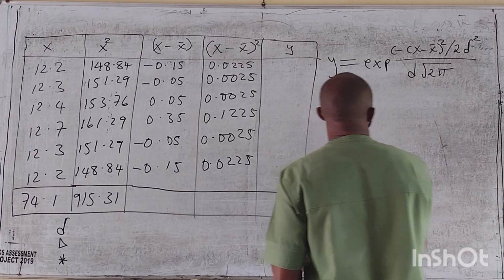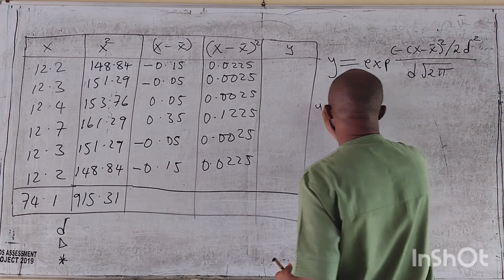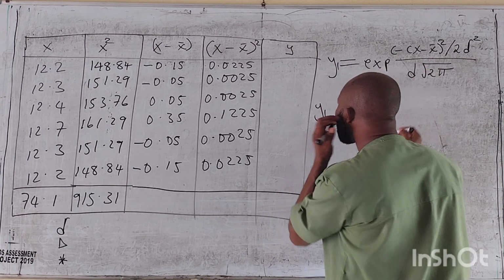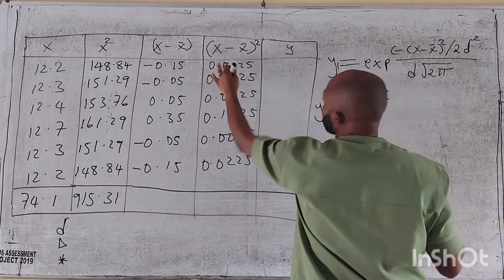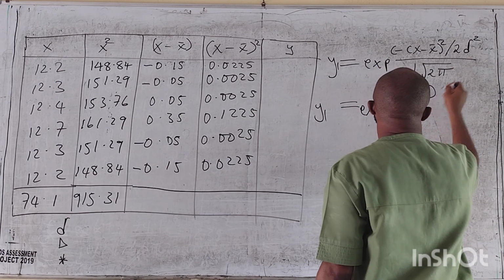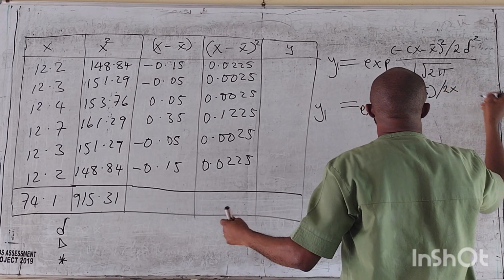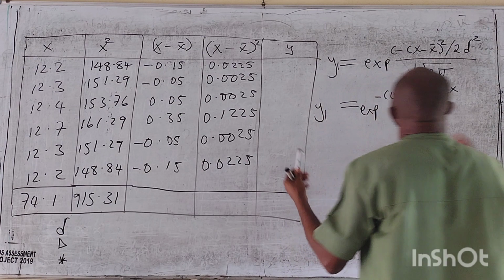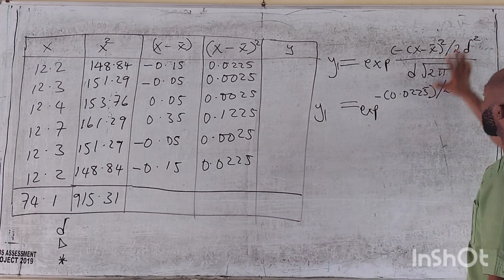From the first side, I have my exponential, this is y1, minus this, which is x minus x bar squared, 0.0225, divided by 2 times d. I've not calculated my standard deviation. Pardon me. Alright, I'll leave it here.